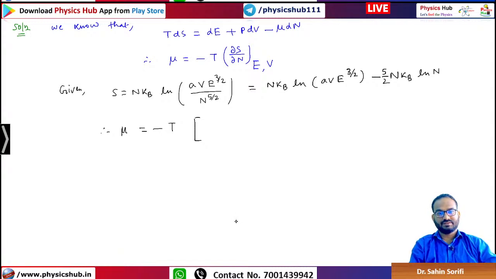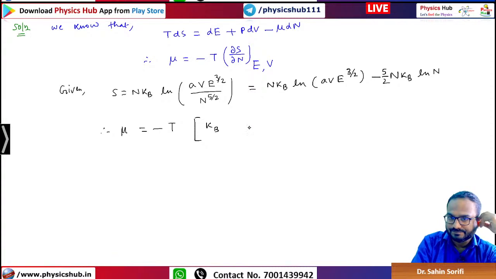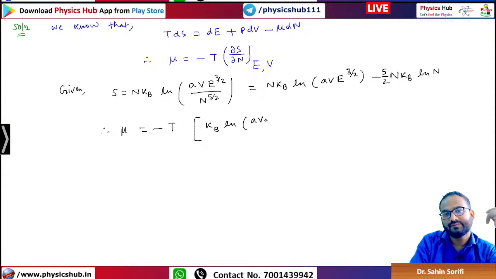Option A is what you are getting. Yes, option A will come. So Kb ln A V E to the power 3 by 2, minus 5 by 2 Kb ln N, minus 5 by 2 Kb.